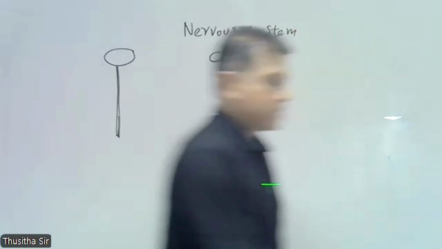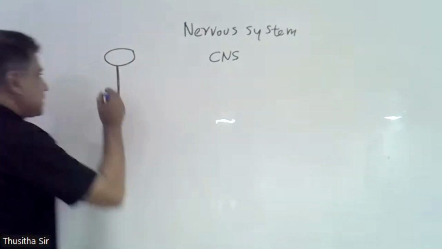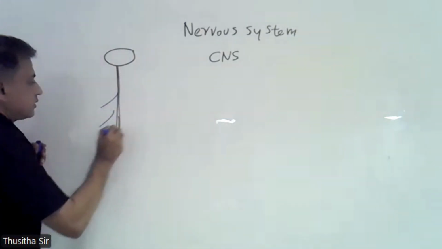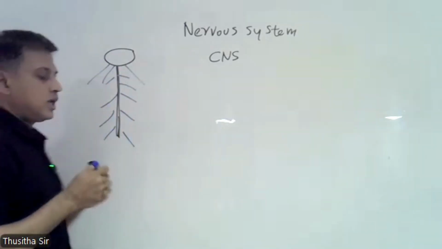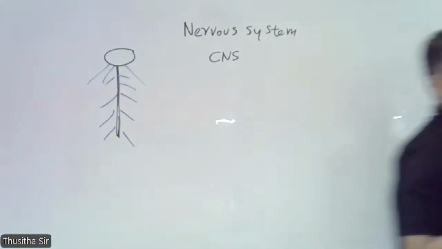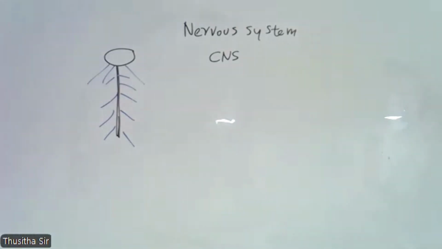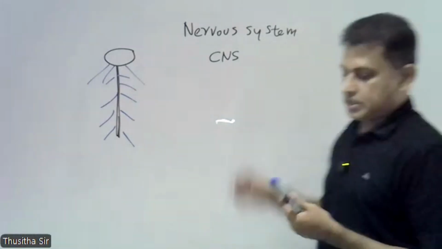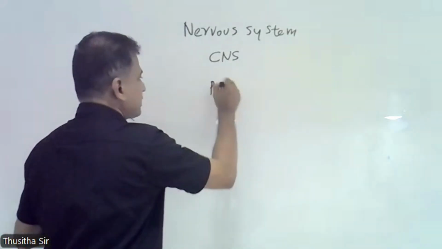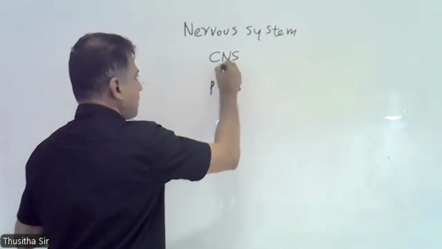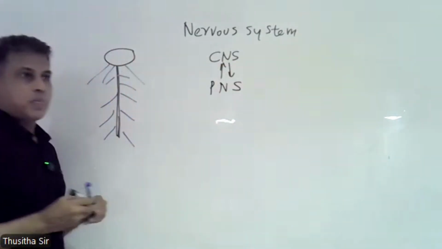And what is going out from the brain, the blue color one, is the peripheral nervous system. So the nervous system divides into the central nervous system and the peripheral nervous system. The peripheral nervous system communicates with the central nervous system.